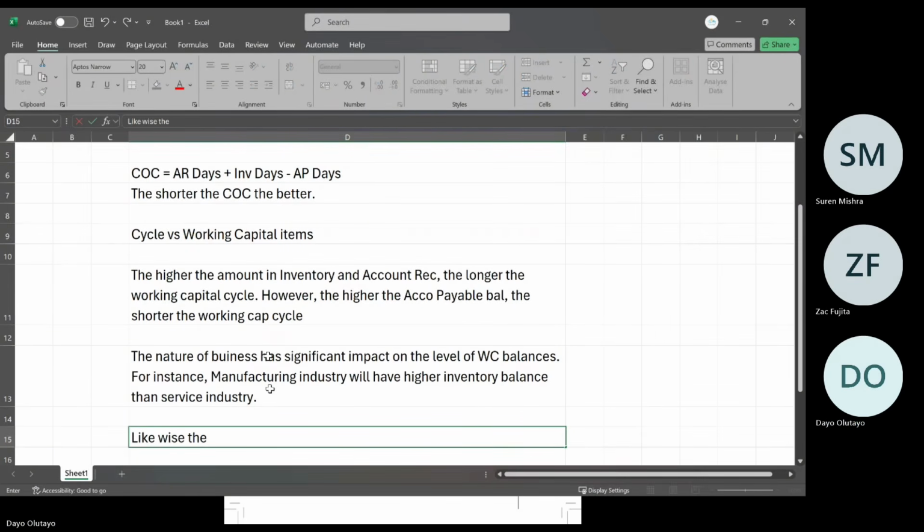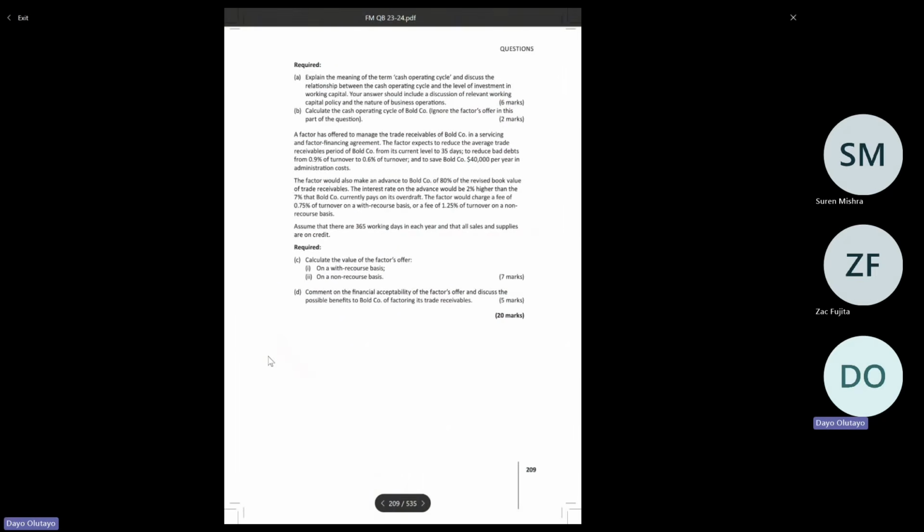Likewise, the level of risk appetite influences the working capital policy of a company. Now, I'm trying to take care of that part where the question says your answer should include a discussion of relevant working capital policy and nature of business. The nature of the business, I've dealt with it.